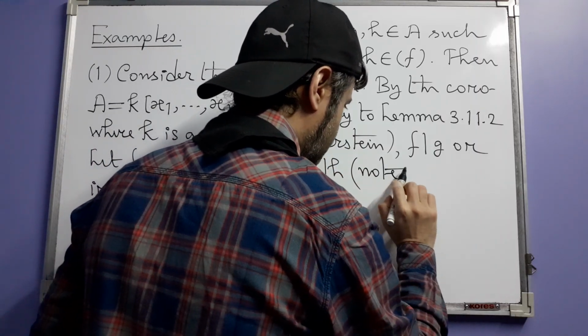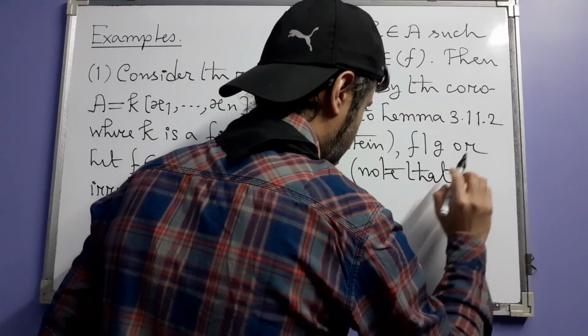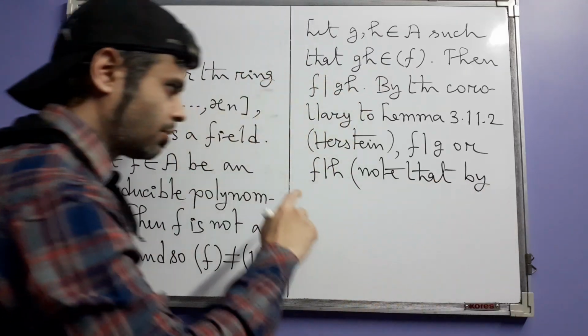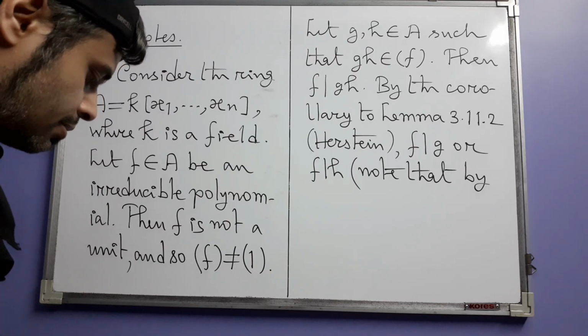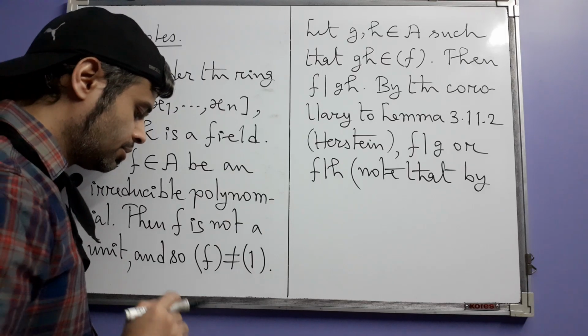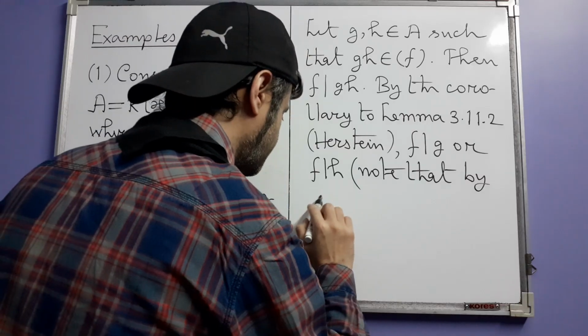Note that A is a unique factorization domain, UFD, and that also follows from another result of Herstein, corollary 2 to theorem 3.11.1.